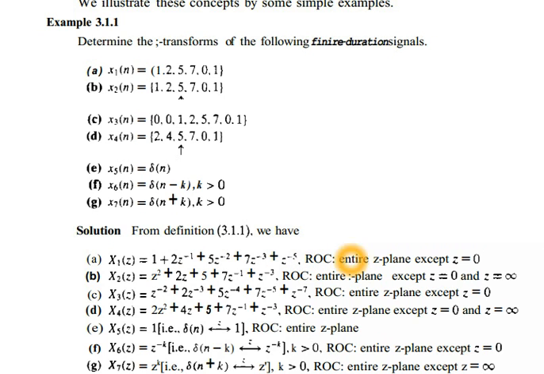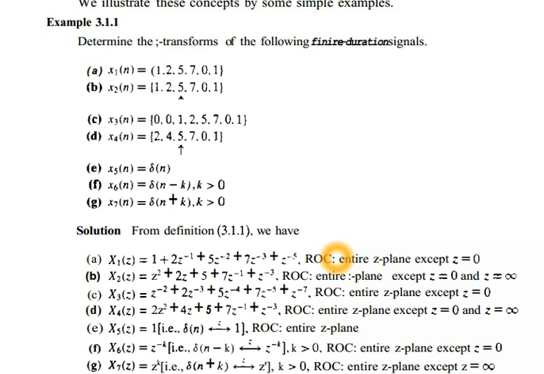Then what's the region of convergence? It is the set of values of z at which x of z becomes a finite value.